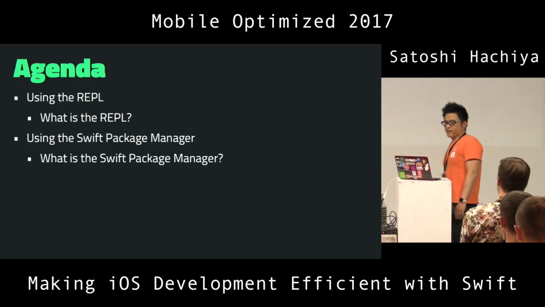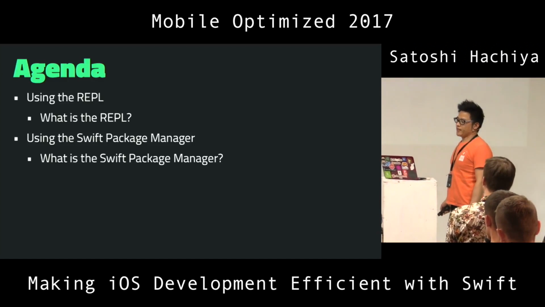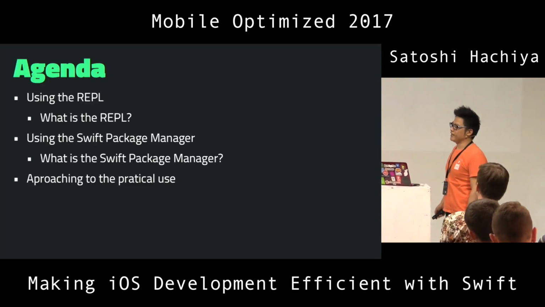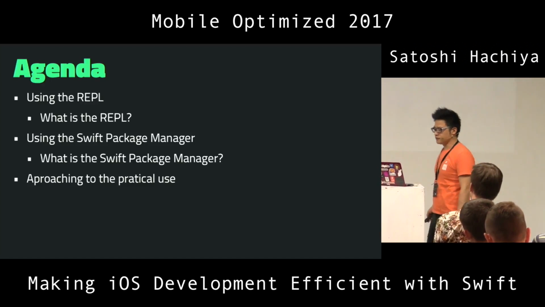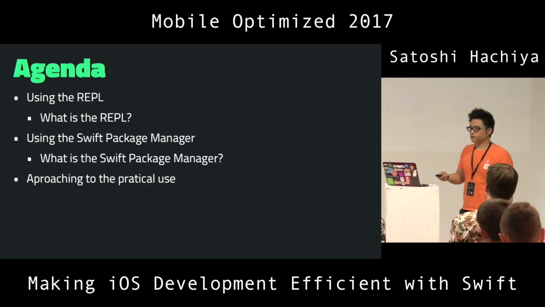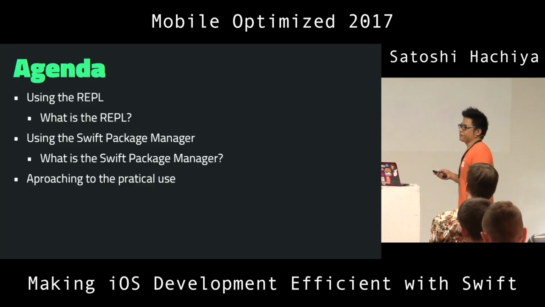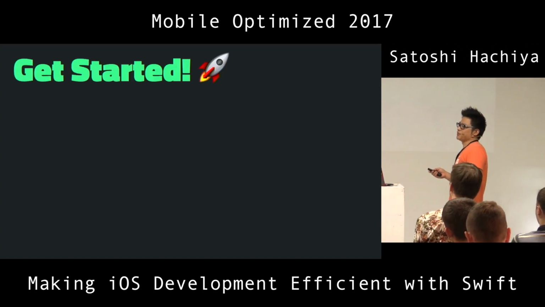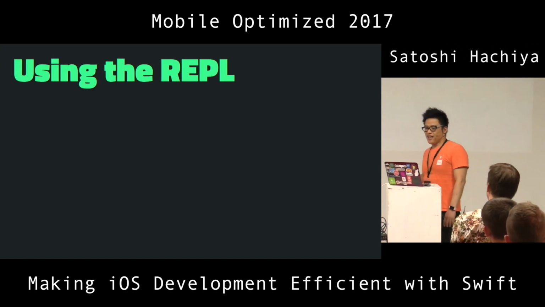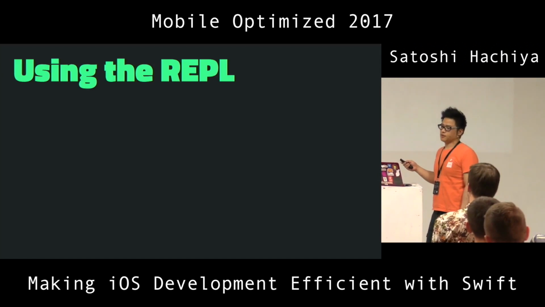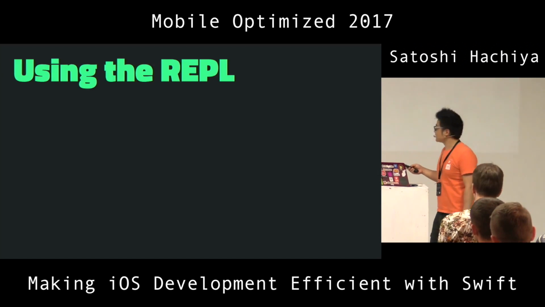Watching the Swift package manager, we can know various ways to use Swift and find useful techniques. In this talk, I try approaching the practical use. To show clearly, I keep the examples simple. Okay, let's get started.